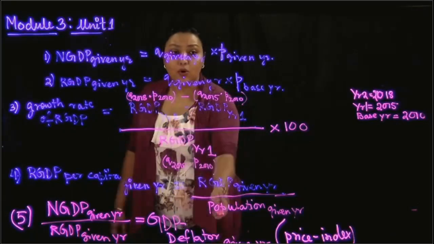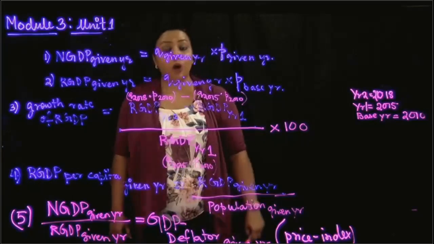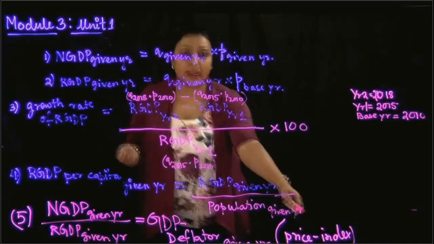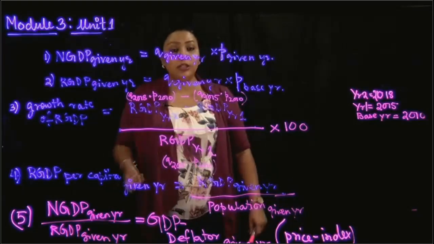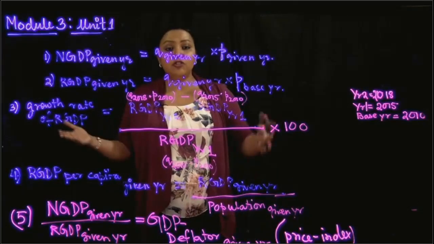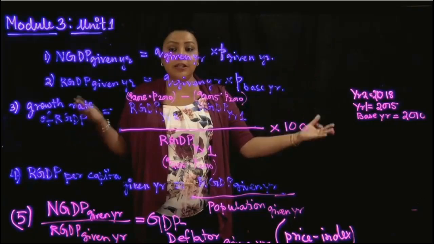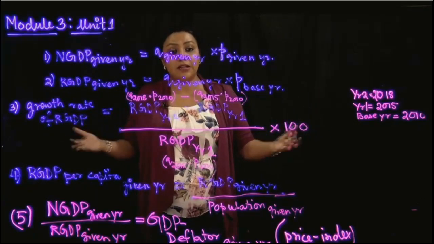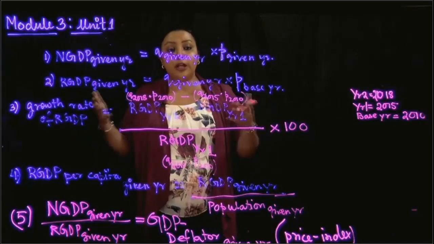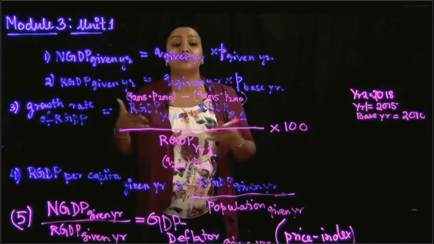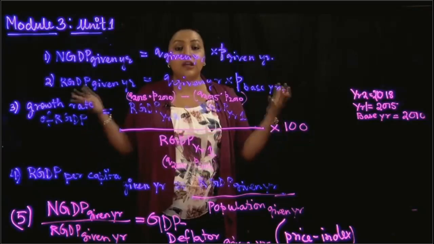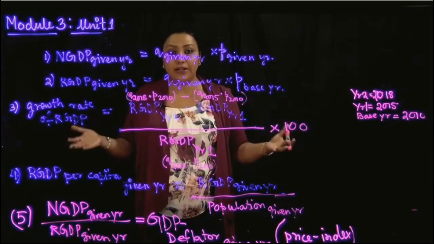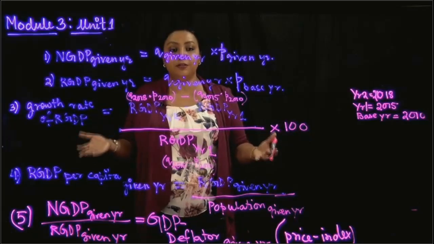Please note that the GDP deflator is not a dollar value, it's just a real number because it's an index. So if you have the GDP deflator of 2017 and 2018, and for 2018 the number is bigger, it simply means that in 2018 your economy has become more expensive. The prices in the economy on average have gone up in 2018. That is the meaning of GDP deflator.